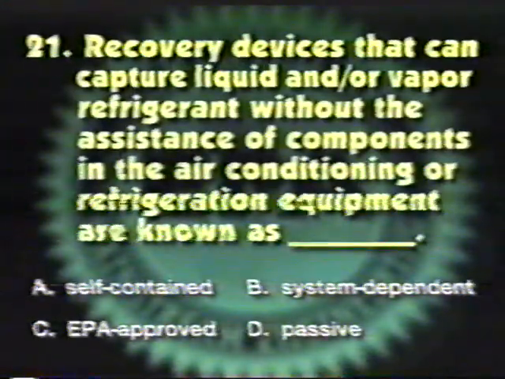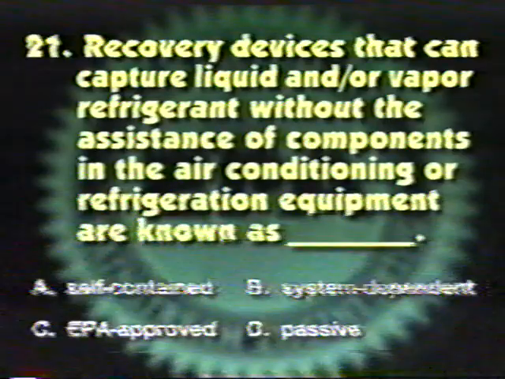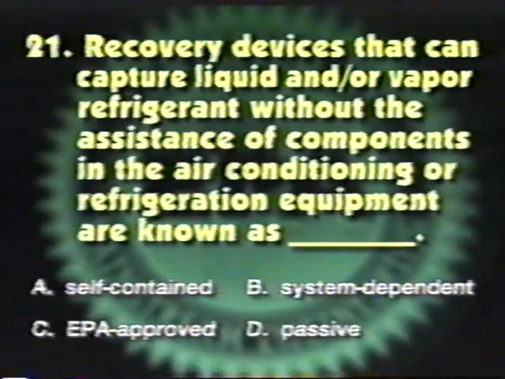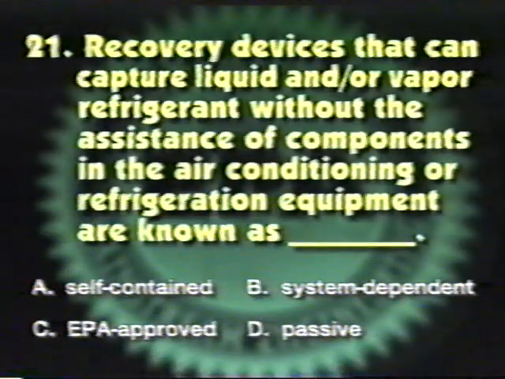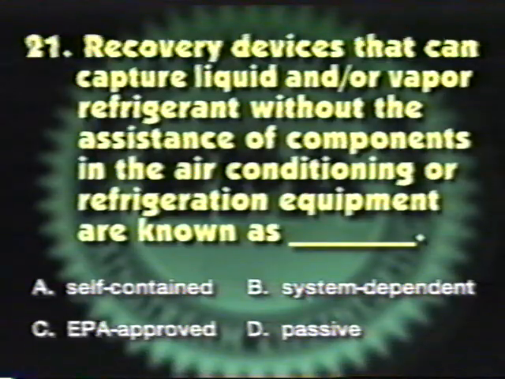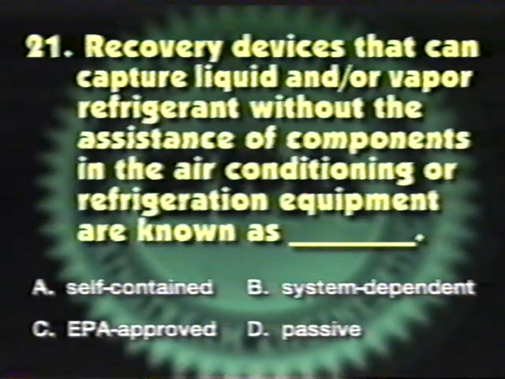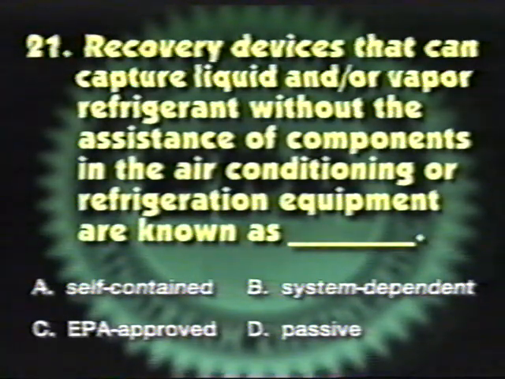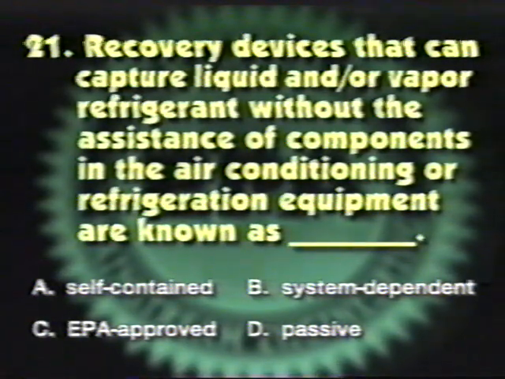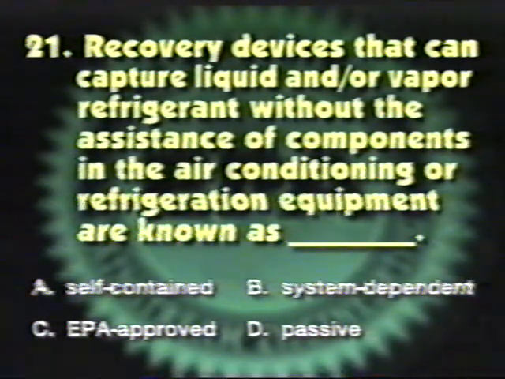Recovery devices that can capture liquid and/or vapor refrigerant without the assistance of components in the air conditioning or refrigeration equipment are known as A. Self-contained, B. System-dependent, C. EPA approved, D. Passive.